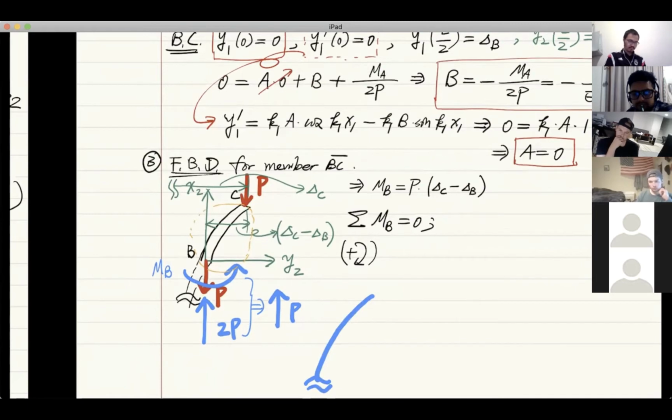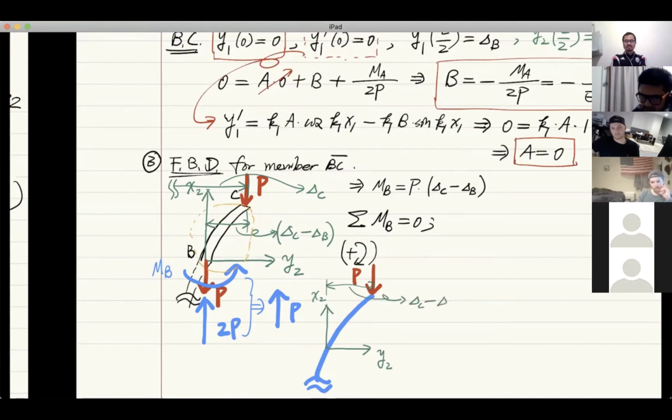And we establish a reference coordinate system at point B, which looks like this. We said this is y2, this is x2. We know that at the end, right here, you do have delta C minus delta B, which is from here to here. This is true.